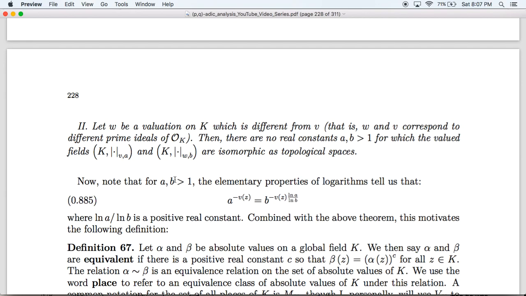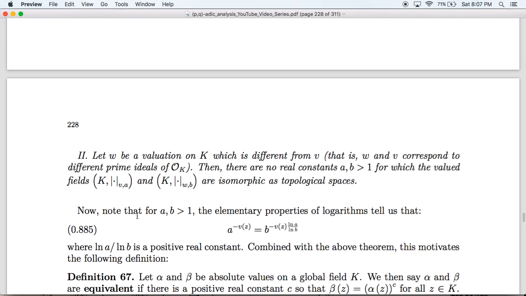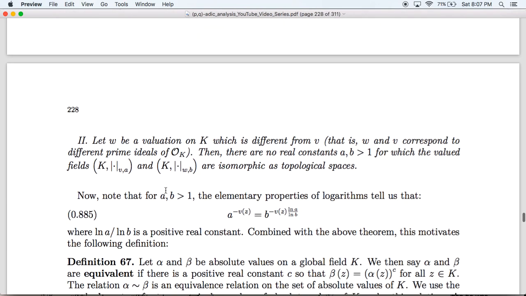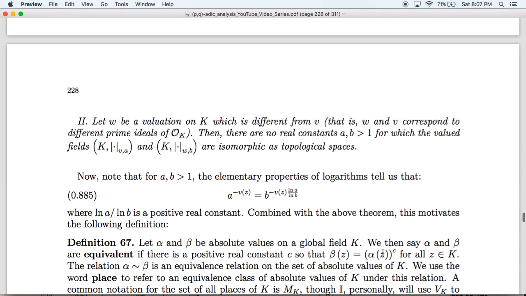As a and b vary among the real numbers greater than 1, this is a positive real constant. So the situation described in part 1 of this theorem is precisely the same as saying that given our absolute value alpha and another absolute value beta, we can transform beta into alpha and vice versa by raising one side to the power of some positive real constant.